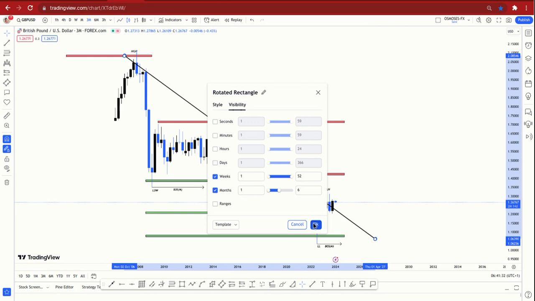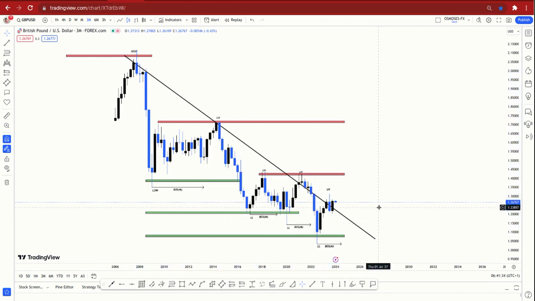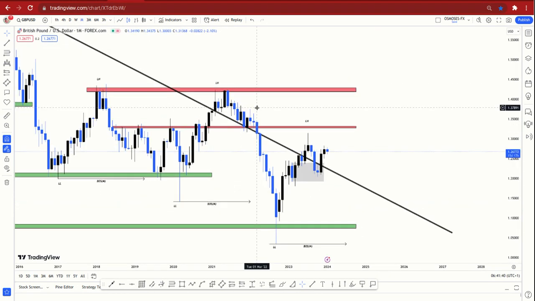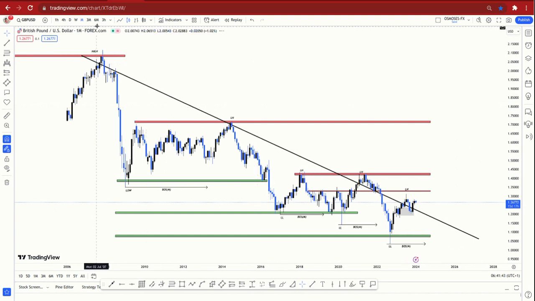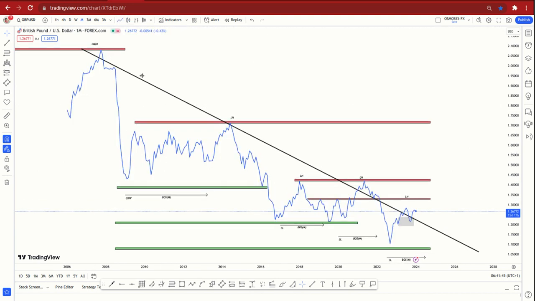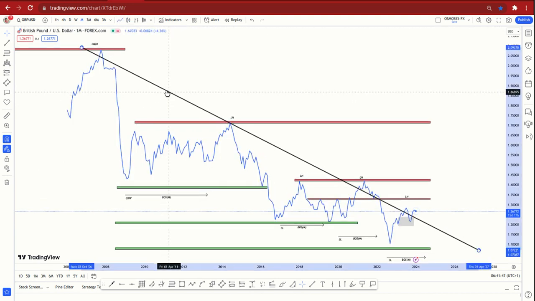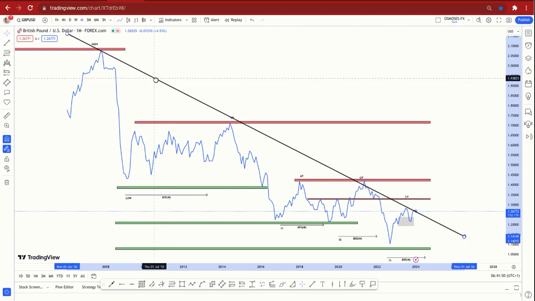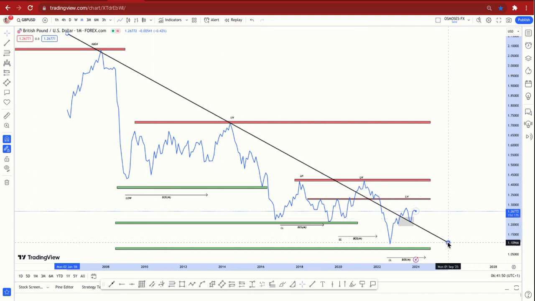So I only want to see this lower time on the higher time frame rather. So let's go down to monthly, and let's see if I could find a rearrangement for it on the monthly. You see, monthly says this, and if monthly is saying this, then second touch here.